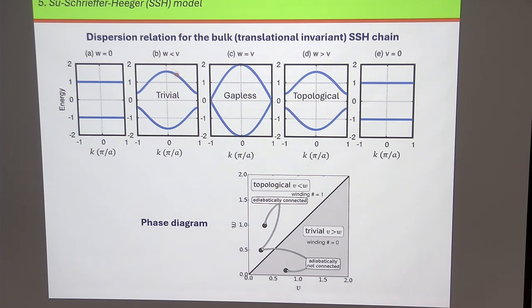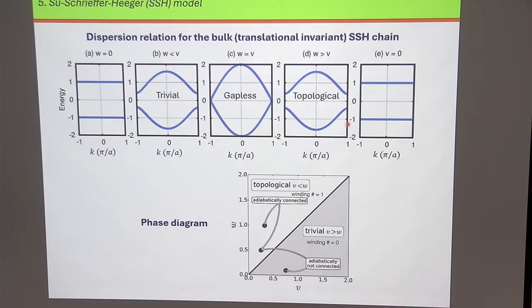Now you will say, well, they look pretty much exactly the same. How is what I'm calling trivial different from what I call topological? Well, the difference is they have different winding numbers.